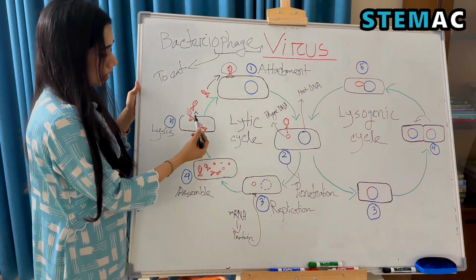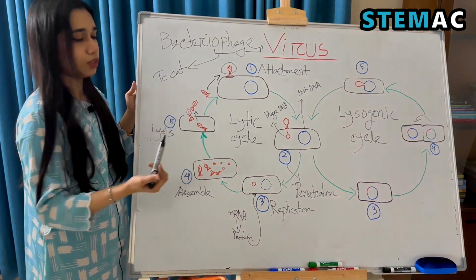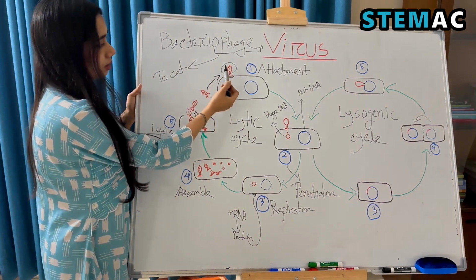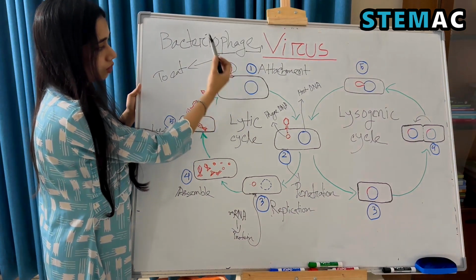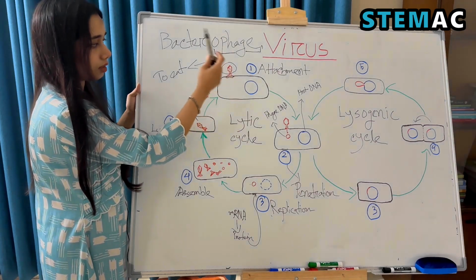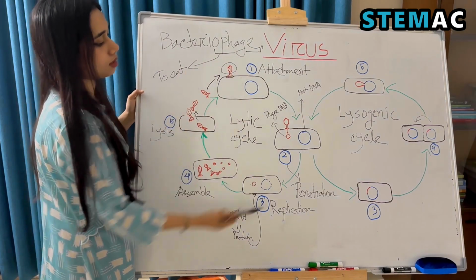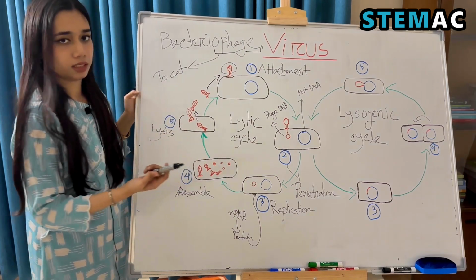As a result, they will release hundreds of new bacteriophages, and these new bacteriophages will then go back to step 1 and attach to a new host bacteria. So this is how the cycle continues endlessly.